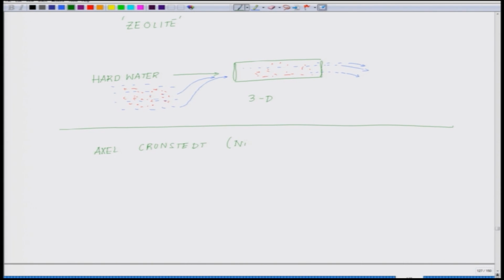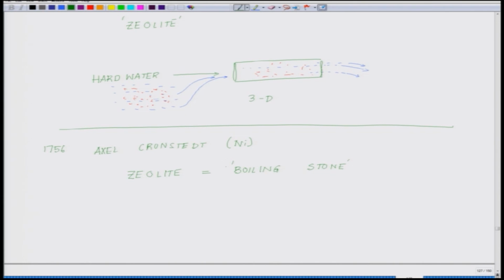He is the discoverer of nickel in 1756. He was a geologist by training, and he discovered another thing, and as a matter of fact, he is the person who gave this name called zeolite, which actually means boiling stone.